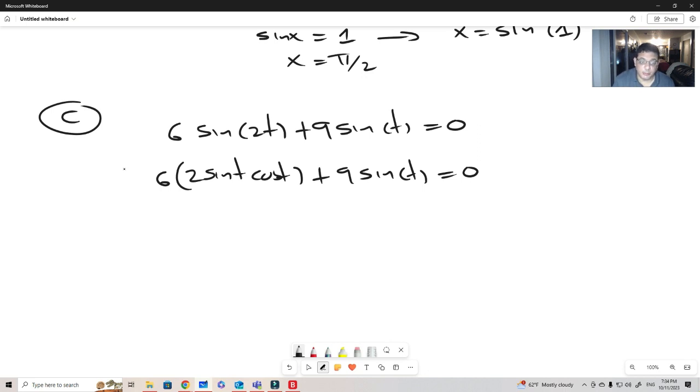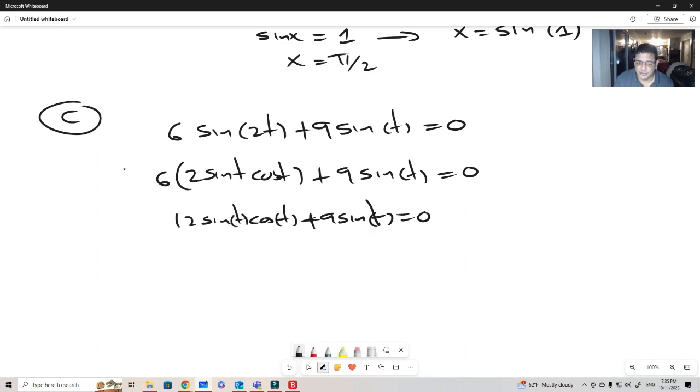Here, the common factor, of course, is going to be the sine, since this is what is common here and here. This is going to be 12 sine of t cosine of t plus 9 sine of t. Okay.